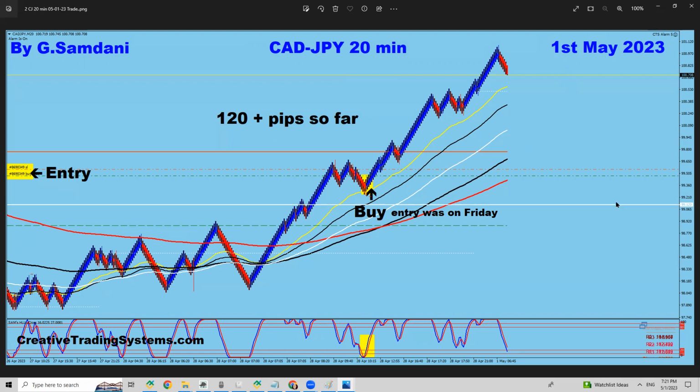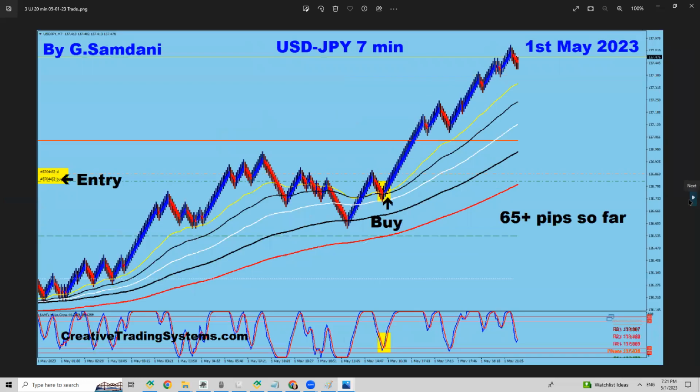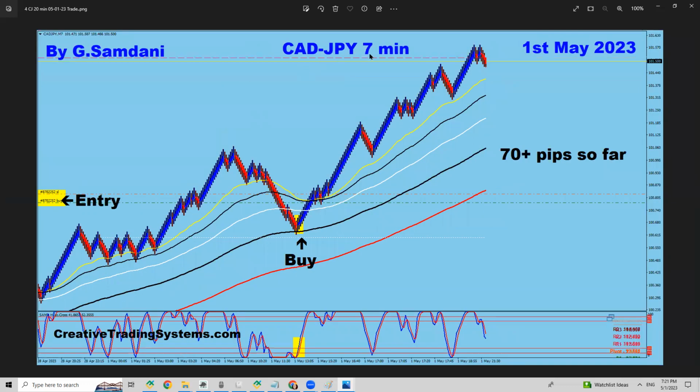Then I had another one. I'll show you. So these are 2 Aussie yen and CAD yen, then USD yen today, 65 pips, right after the US news at 10 a.m. And this one, CAD yen from the 7-minute chart, is today's entry for 70 pips. These are 4 trades, and you notice that these are all yen pairs.